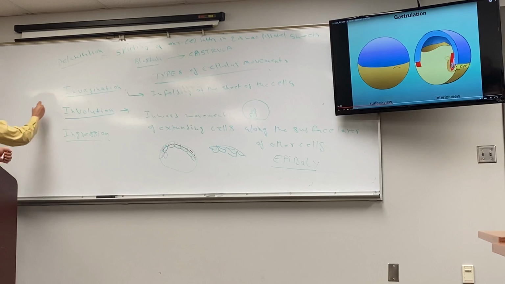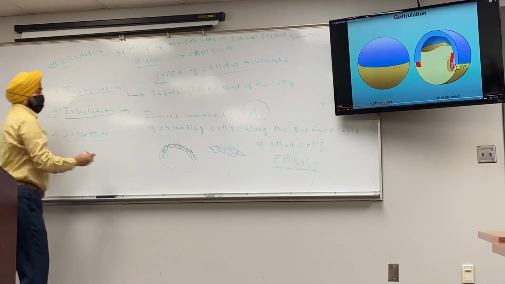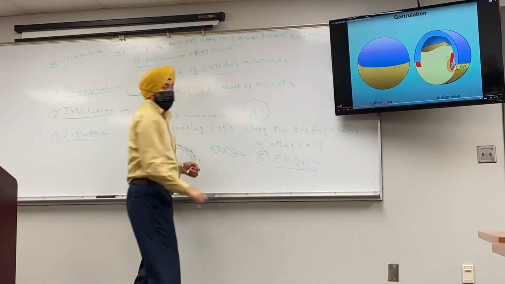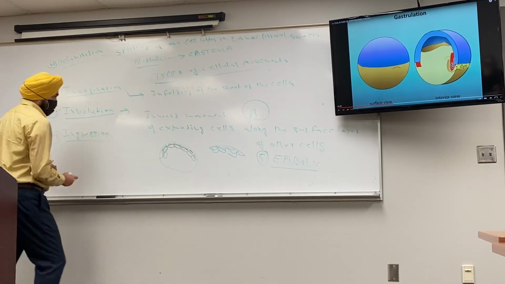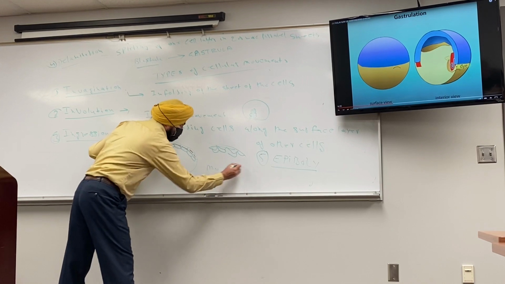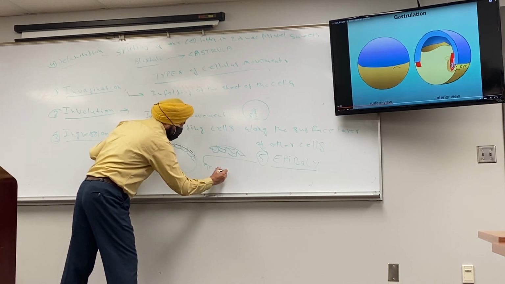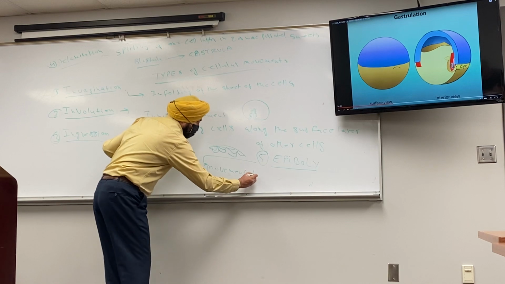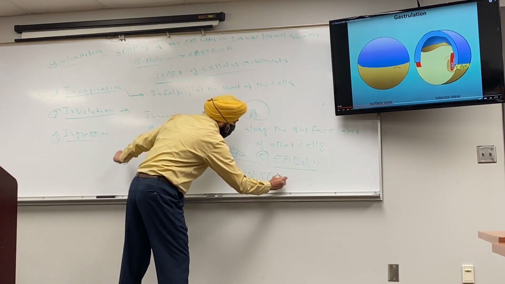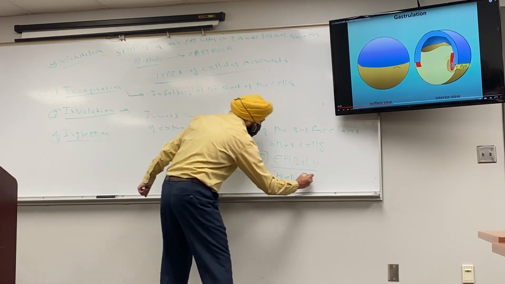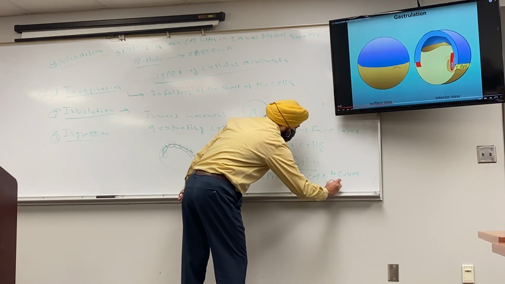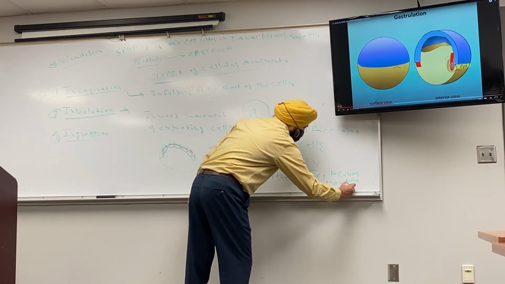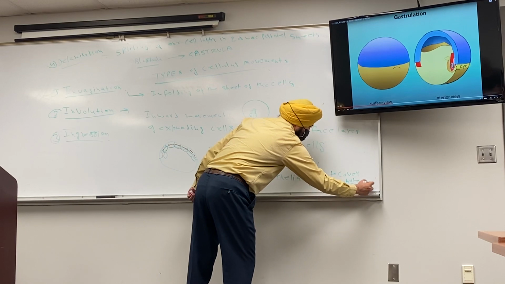So, 1, 2, 3, 4, and 5 is epiboly. Now epiboly is essentially movement of epithelial cells to cover the whole embryo. To cover the whole embryo.